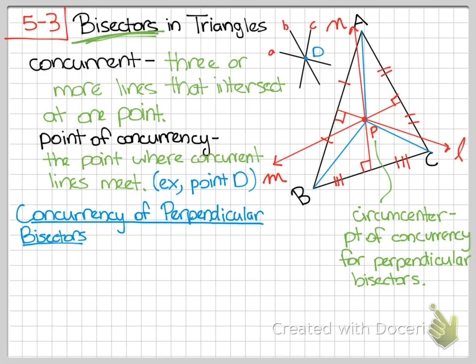I can't draw everything exactly right. But each one of those segments should be the same length. If you look in your book, they can show you an example where everything is exactly the same. So that lets us know that the segments from the circumcenter to each vertex of the triangle are congruent. They are the same length.